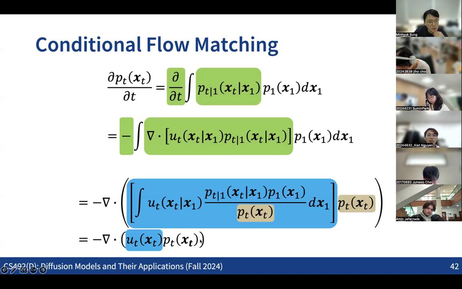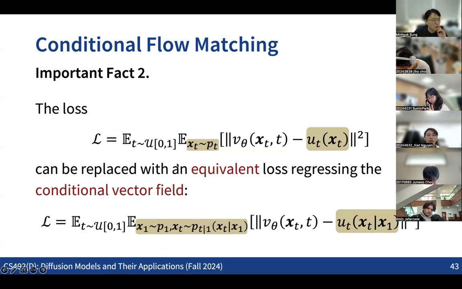And the more important thing is that this was the loss function that we wanted to compute, right? The problem was that we don't have the information about the vector field, the marginal vector field here. But based on the facts that we have seen in the previous slide, this loss function is actually equivalent to this loss function, which is defined with the conditional vector field like this.